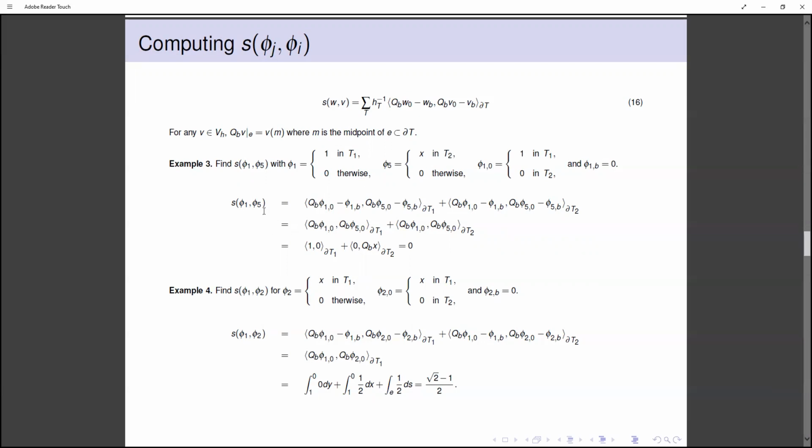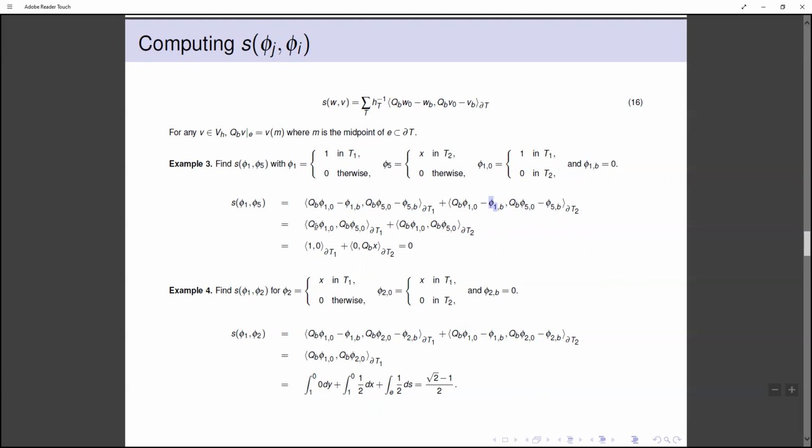Okay, S(phi1, phi5), by definition of 16, we just write it down. Now, as I said, phi1 and phi5 are basis functions associated with V0, which equal 0 on the boundary. So phi1b and phi5b are zeros. Same here, so this term is simplified like this.